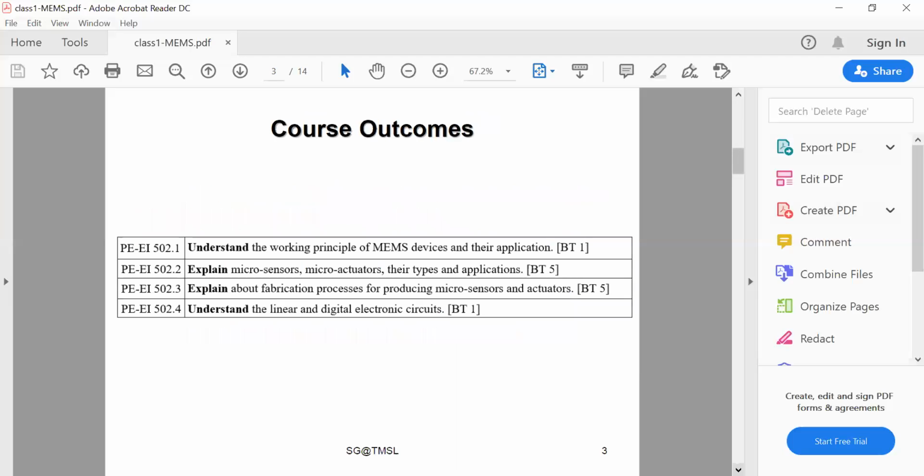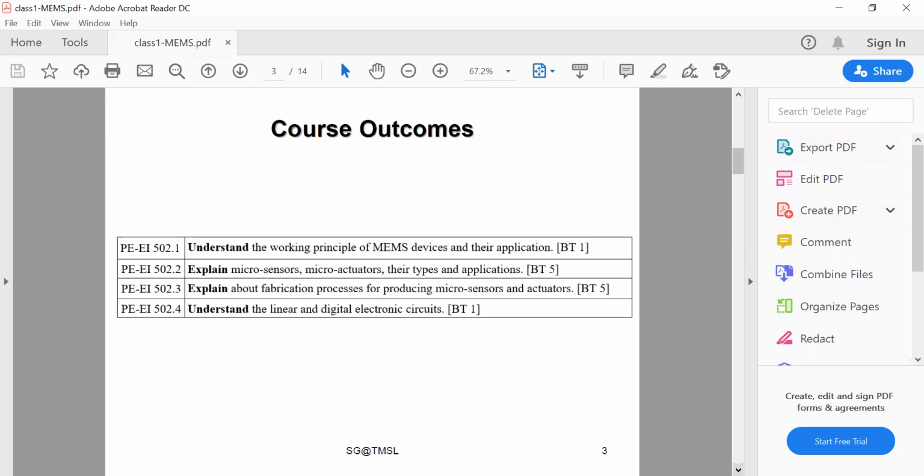Now the course outcomes, that is the CO. Course outcome means that after going through this subject, you understand, explain, are familiar with, or make use of certain things. That's why these COs are very important. Course outcomes are very important for every course, not just this subject. For every subject, you must be familiar with the course outcomes.